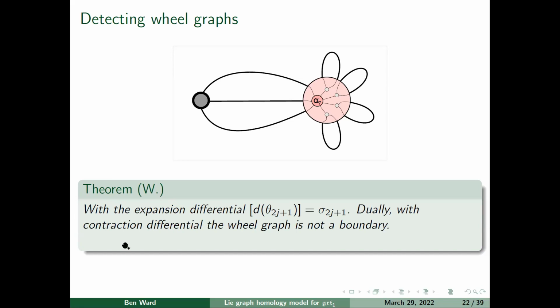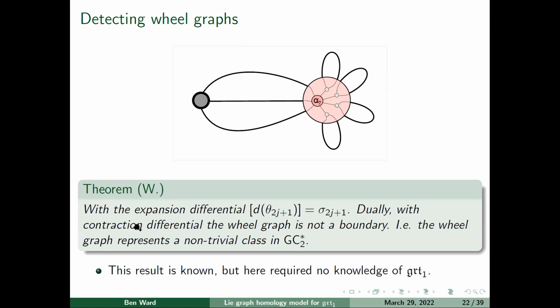The wheel graph with contraction differential is definitely a cycle, because if I contract any edge, I get parallel edges. So it's not a boundary, and therefore represents a non-trivial class. Of course, this result is known. We heard about it yesterday even, but the important point I want to emphasize is that I didn't have to import any information from the Grothendieck–Teichmüller group. It's just a combinatorial, group-theoretic proof.